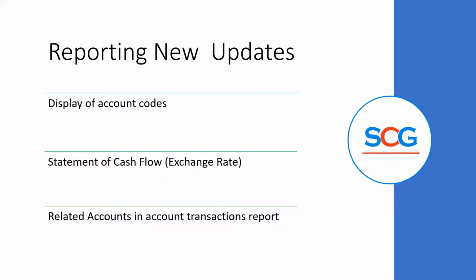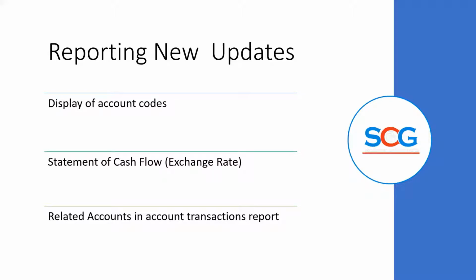The next feature I want to touch on is the related accounts. This update is specifically for the account transactions report. There's now a new column for related accounts, which can be displayed on the report when you select it in the top right section.